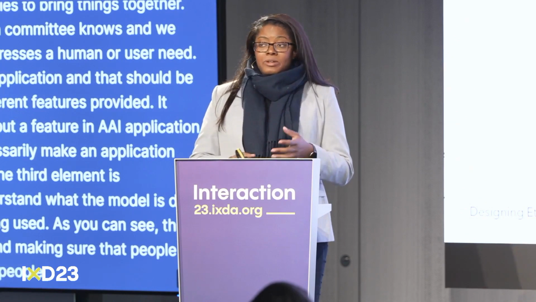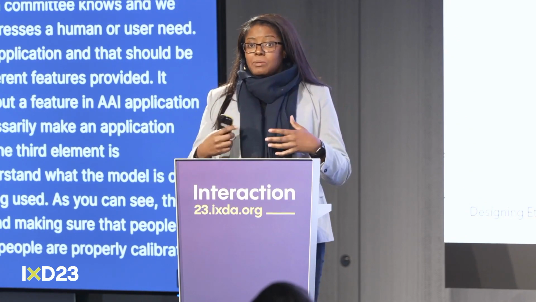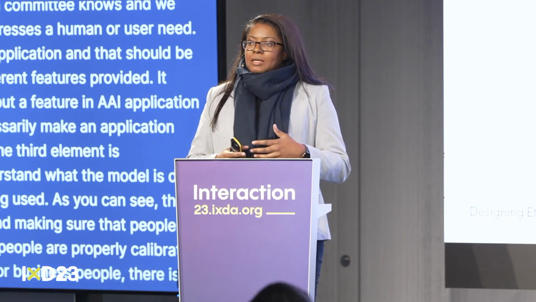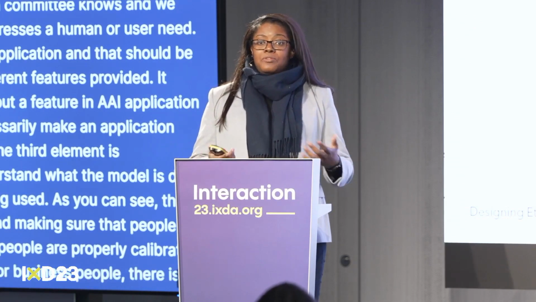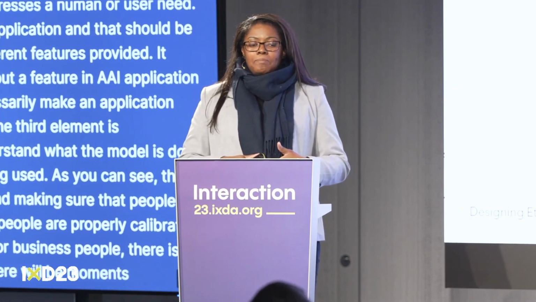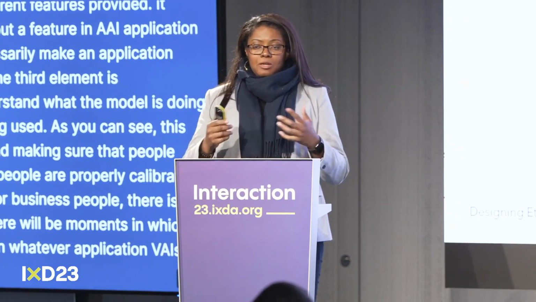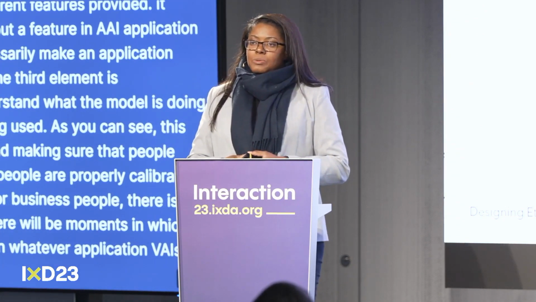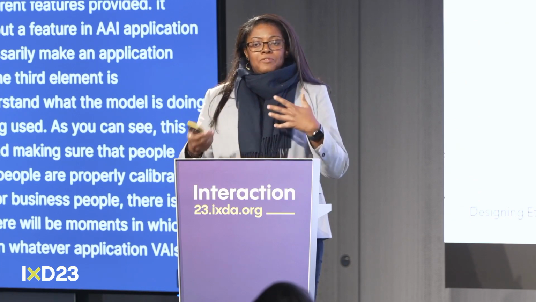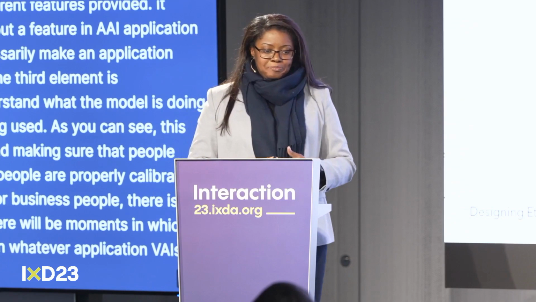For business people, it is particularly important because across the user journey, there will be moments in which users can lose trust or gain trust in whatever the application, the AI, is providing to them. So trust calibration, combined with the other elements, transparency for example, and feedback loops and control, is very important to make sure that users first adopt the technology and then keep using the application later on.